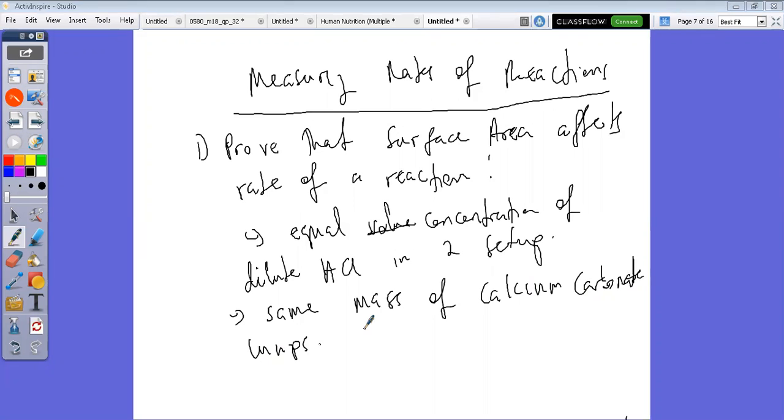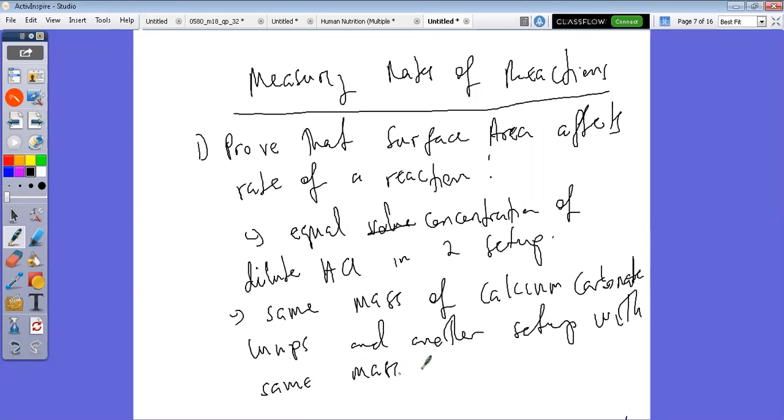Okay, 10 minutes left. Maybe we'll look at this as the last, then we'll continue from there. So we're saying calcium carbonate lumps, same mass, and another setup with the same mass of powder. Are we together?